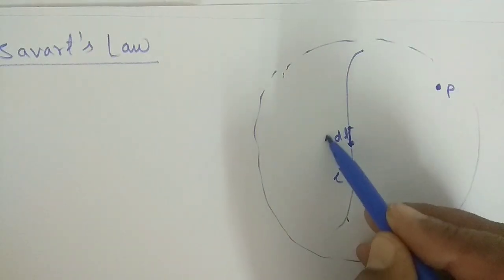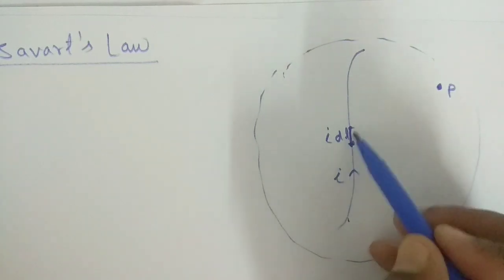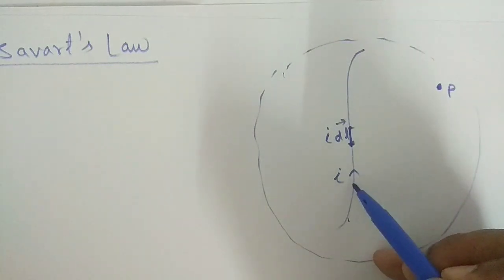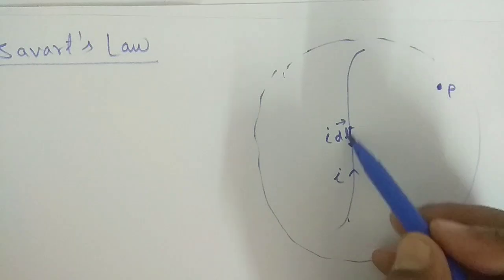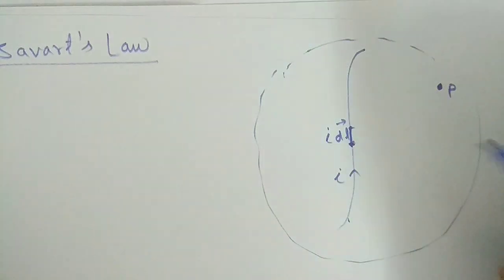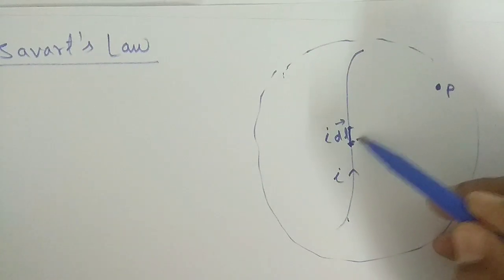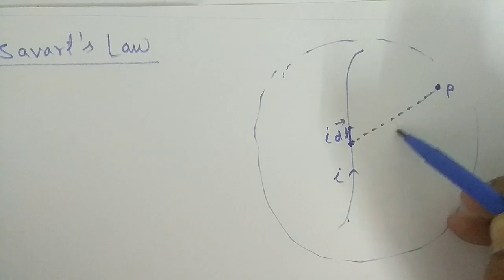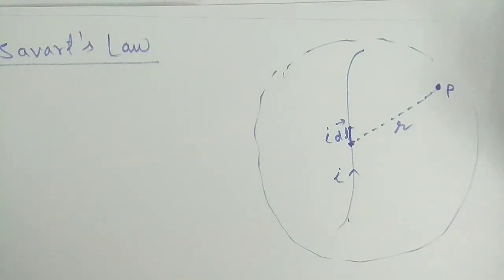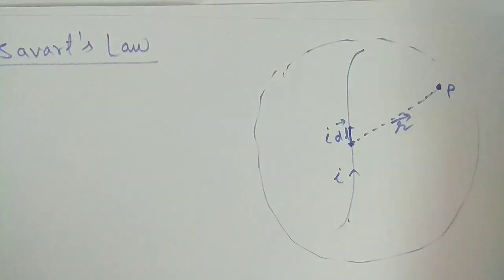We also write it as I dl, the current element. It is a vector quantity and its direction is always in the direction of the current. Now he gave a rule, a law. Suppose this is a distance r, the position vector r.